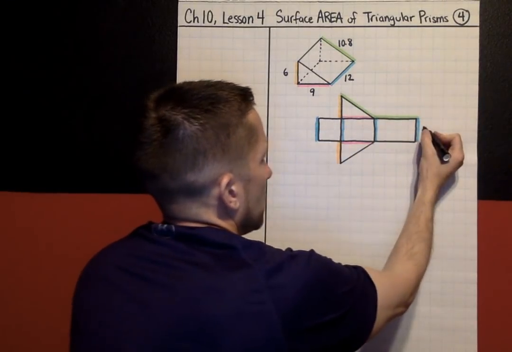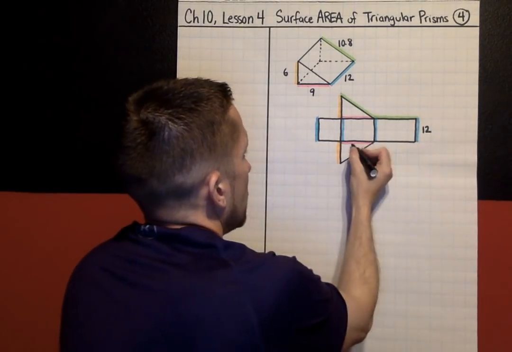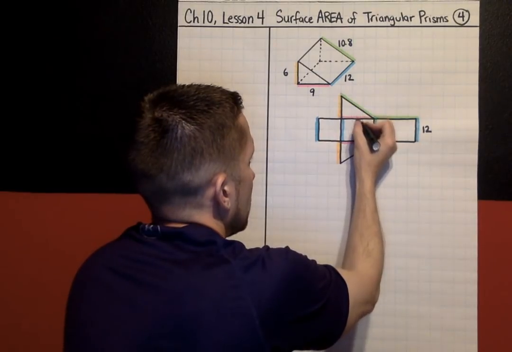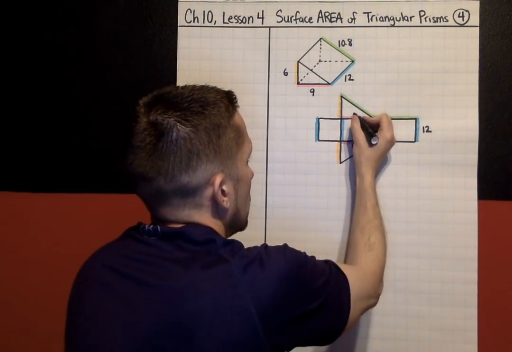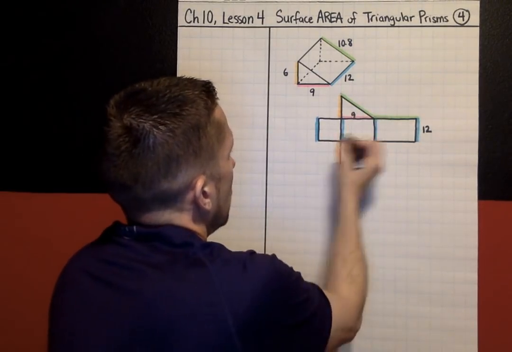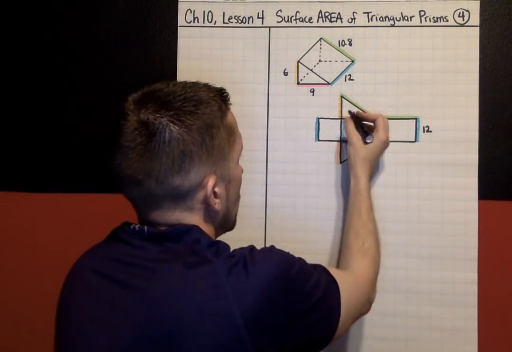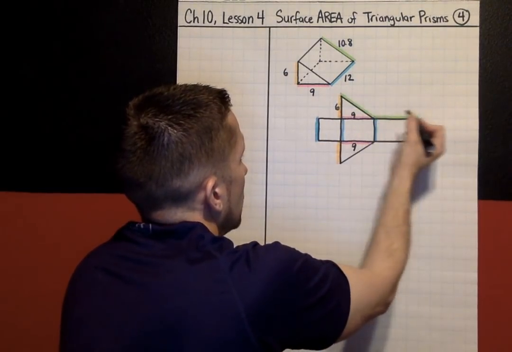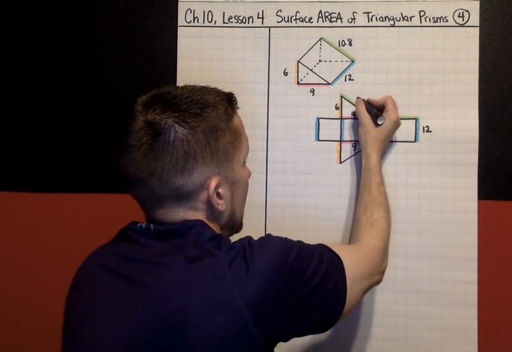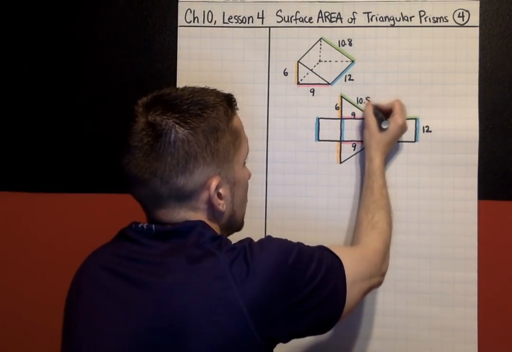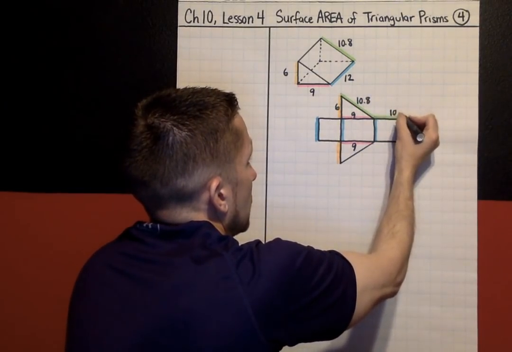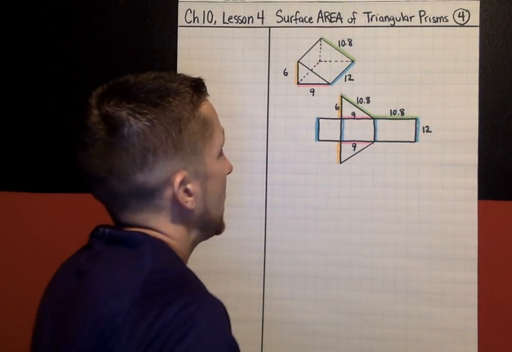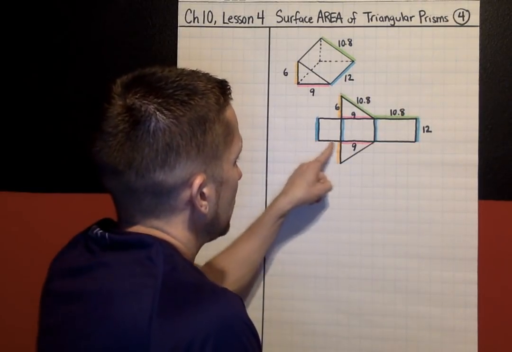So the blue line is 12. The pink line, these are 9s. All of these blue lines are 12. The orange is a 6. The green slanted line is a 10.8. And what about this line?